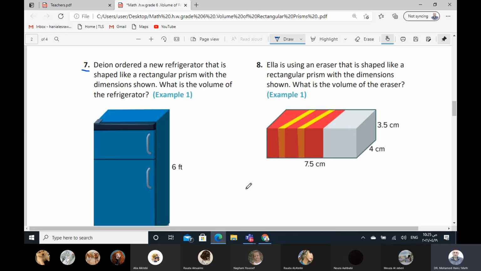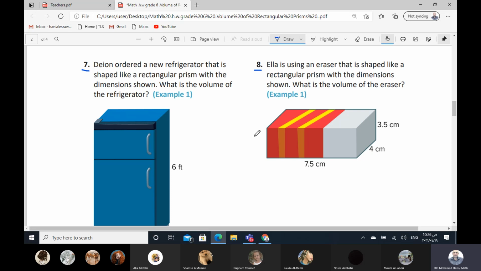Thank you. Who can read exercise number 8, please? Shamsa, are you here? Can you read it, please? Ella is using an eraser that is shaped like a rectangular prism with the dimensions shown.